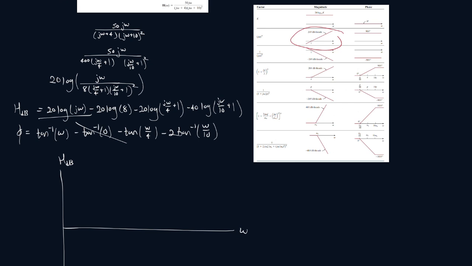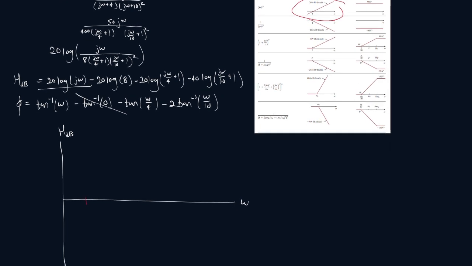So it's Z, so at point 1, we're starting from 0.1. At 1, we're going to have something like this. Let's have this be 20. And this will have a slope of 20 decibels per decade, and it'll be represented by 20 log JW.